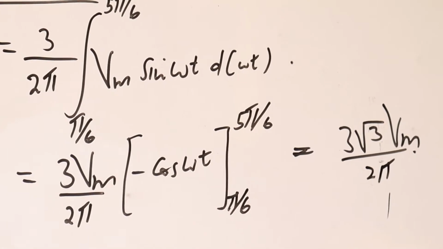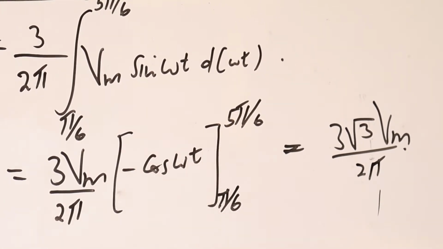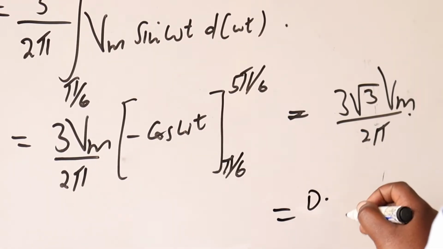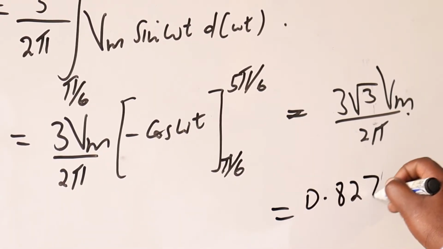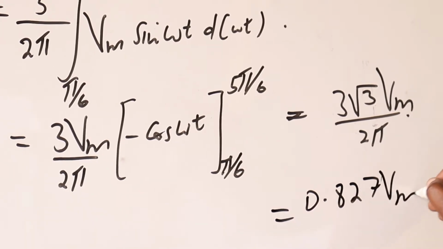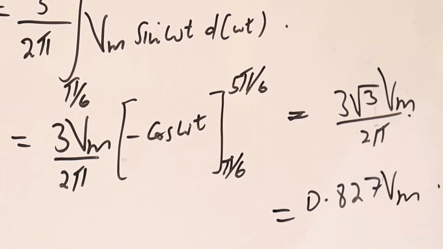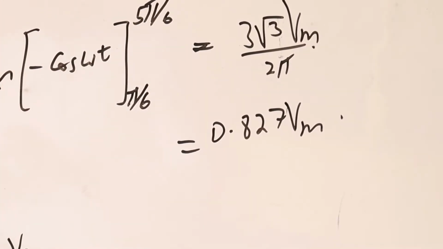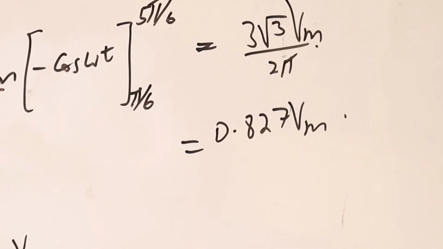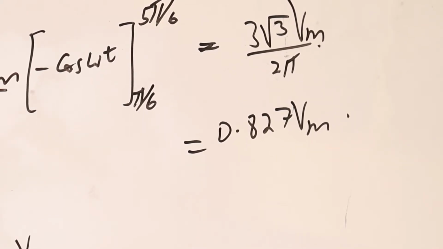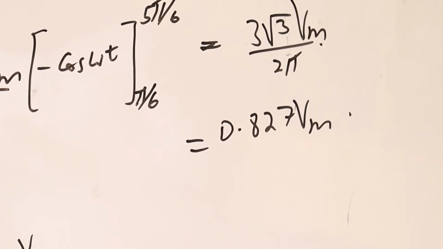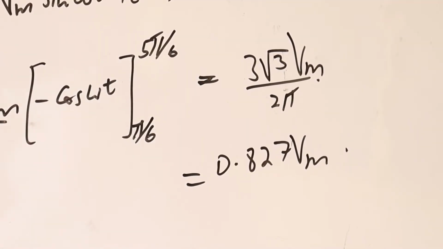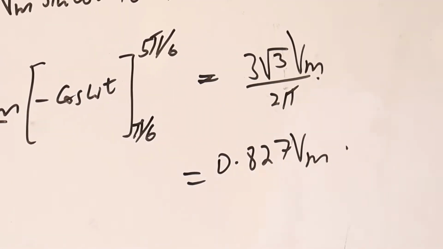That one gives us the VDC, which we can have as 0.827 Vm. So that is our VDC.